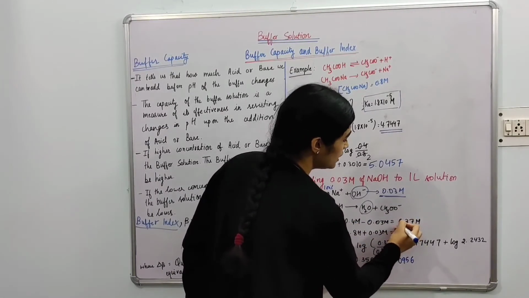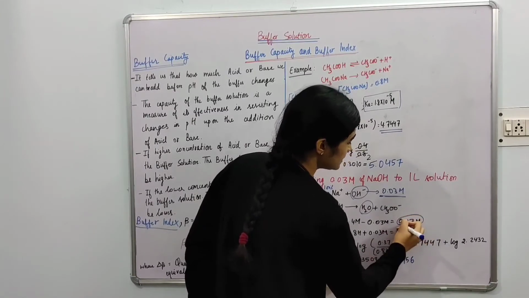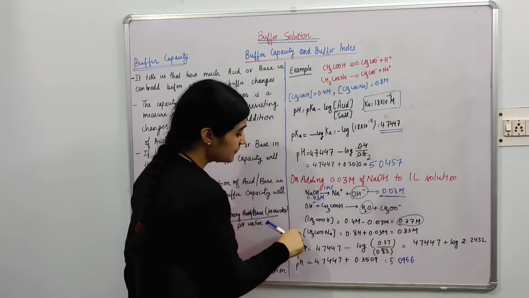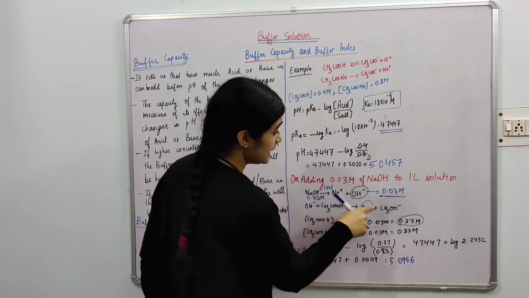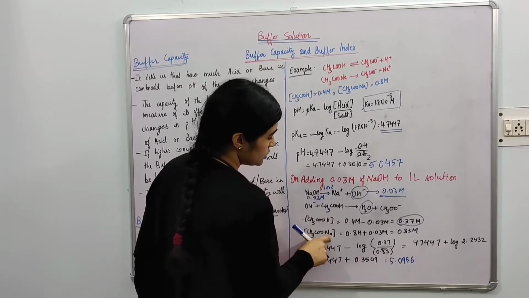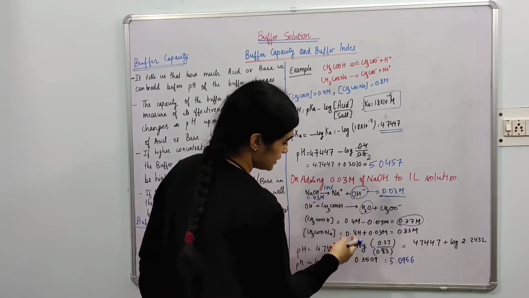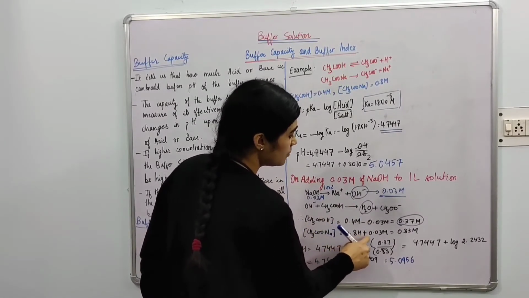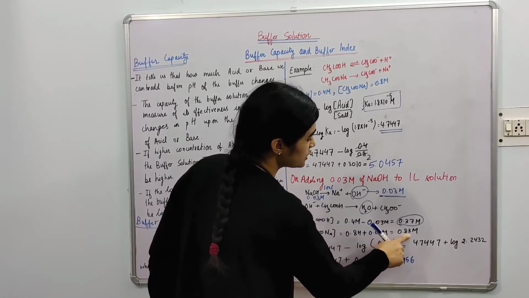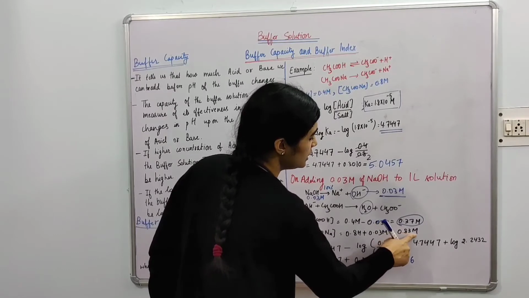Similarly, since acetate ion is being formed, the concentration of salt increases: 0.8 molar plus 0.03 molar, so the new concentration is 0.83 molar.